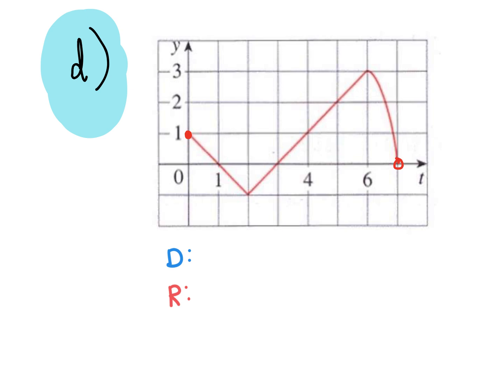What's the domain for this graph? 0 to 7. Does it include 0? Yes. Does it include 7? Good. What is my range? The lowest it goes to the highest it goes. -1 to 3, okay. Include or not? Yes.